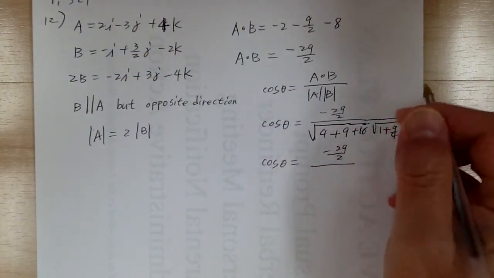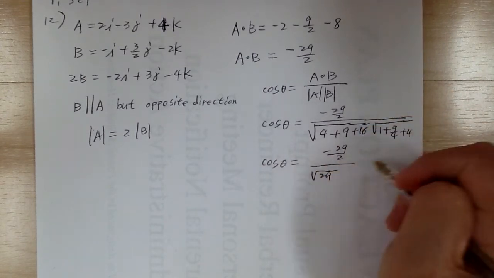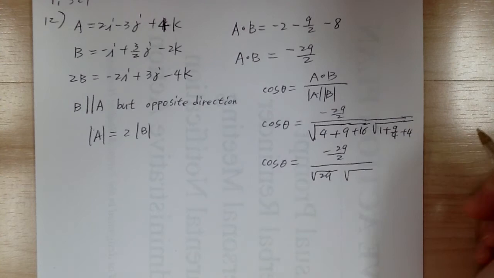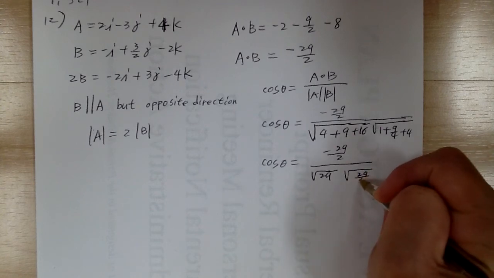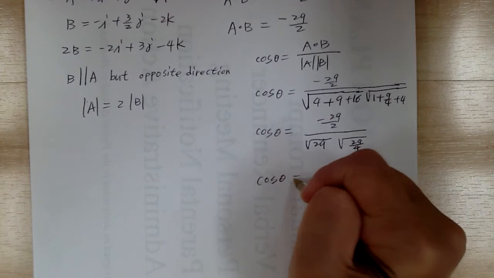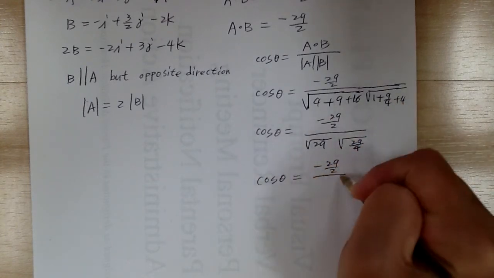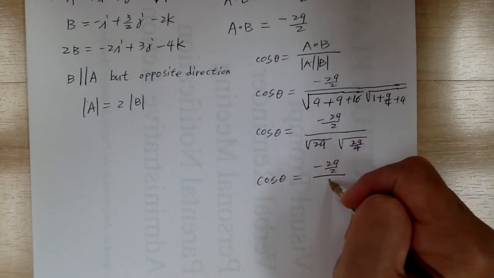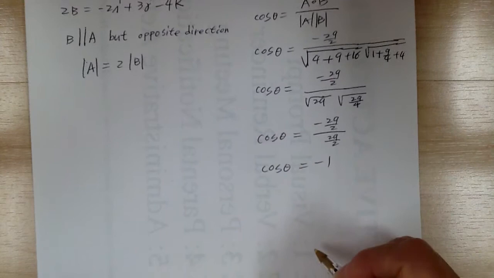So if you do a little bit of math, this will equal to 29, and this will be square root of 29 over 4. Okay, so cosine theta equal to negative 29 over 2. Again, if you simplify this, you're going to get 29 over 2. So cosine theta equal to negative 1.